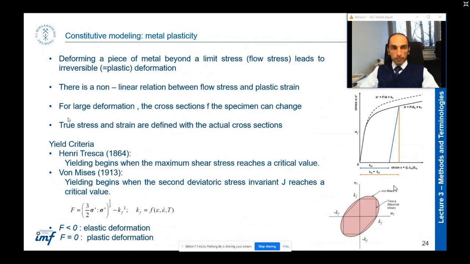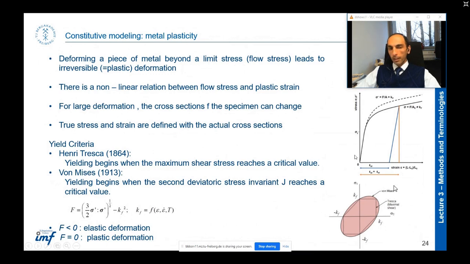And as I said, in the case of metal forming, you should be able to connect the stress and strain to each other. In the case of elastic deformation at the beginning, you know that we assume it linear, so it becomes much simpler because it's a linear relation between the strain and stress.